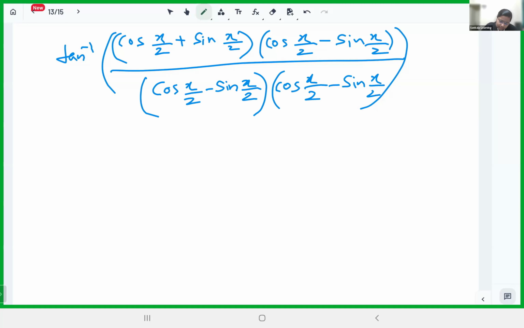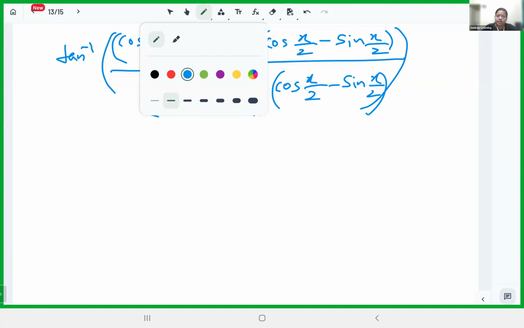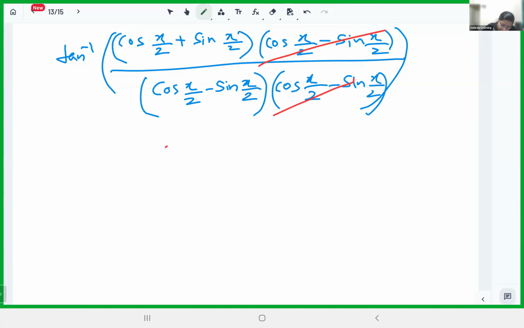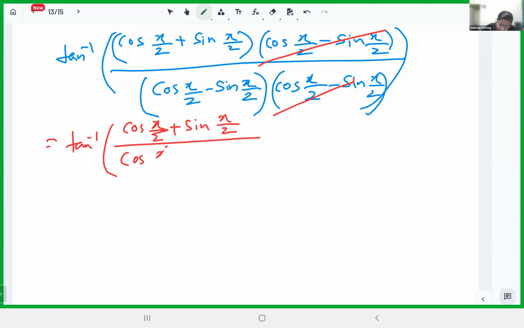We can cancel the common factor in numerator and denominator. So this will become tan inverse of cos x by 2 plus sin x by 2 divided by cos x by 2 minus sin x by 2.